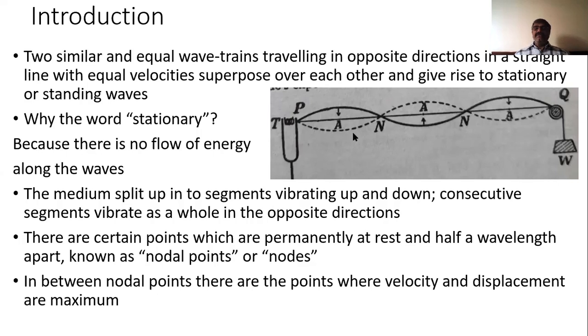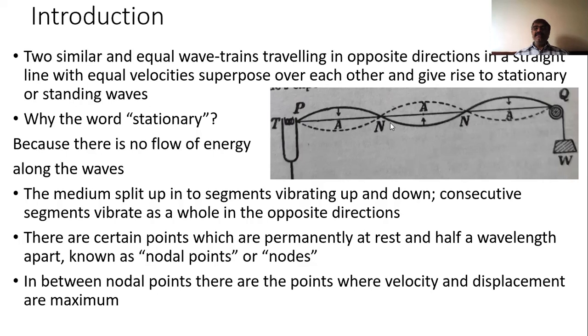Since they are moving in opposite directions, similar wave trains, one is traveling in the forward direction, that is the incident wave shown by the solid line, and the other is traveling exactly in the opposite direction, that is the wave reflected from the closed end where the pulley is there. So these two waves having equal velocity but traveling in opposite direction give rise to a pattern where the particles are not in motion, they are stationary.